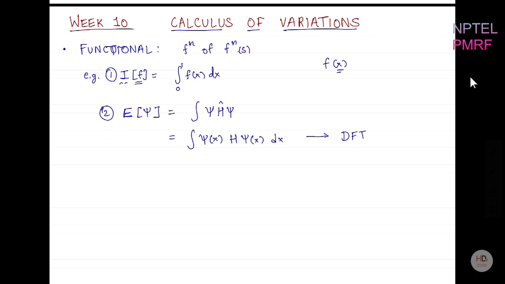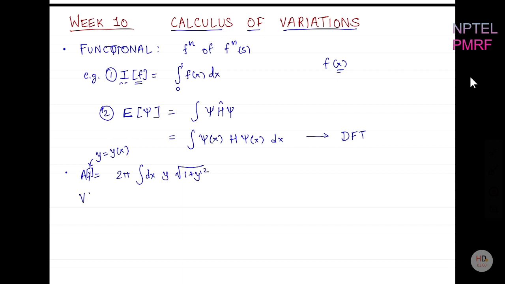Another functional which we saw was the surface area of revolution, which was given by 2 pi integral of dx y square root of 1 plus y prime square. This is a functional of y, where y itself is a function of x.